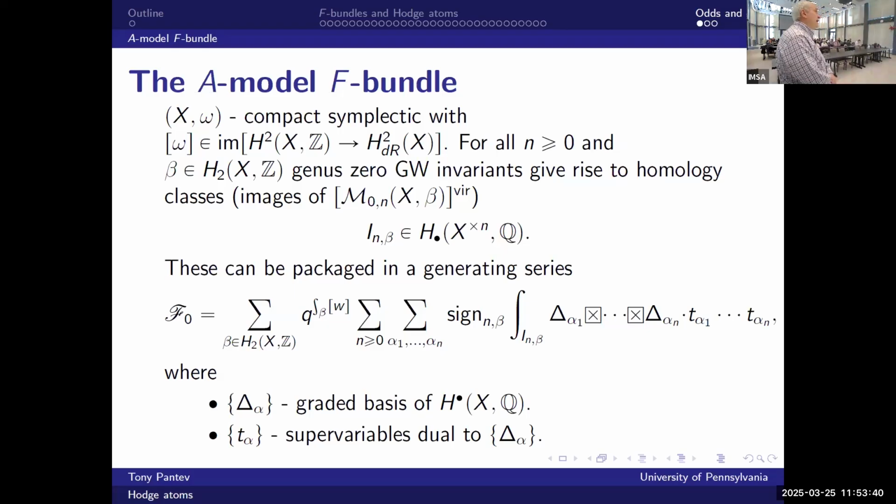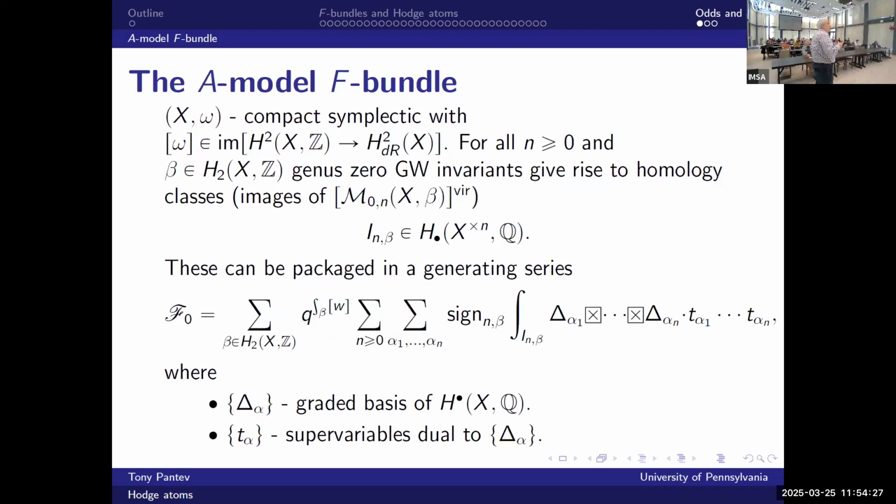And they can be packaged in a generating series, which counts the symplectic areas of the curves and pairs these classes with homology classes on X. So here the capital deltas are just a graded basis of homology. The little t's are the dual variables, and you just get this generating series that pairs products of homology classes with this homology class that comes from the virtual fundamental class on the moduli.